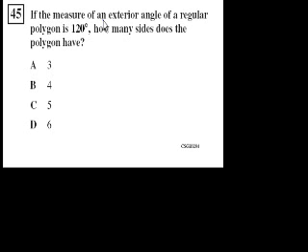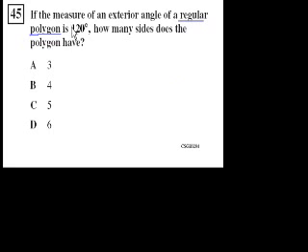If the measure of an exterior angle of a regular polygon, so that means that all of the angles are congruent, is 120 degrees, how many sides does the polygon have?